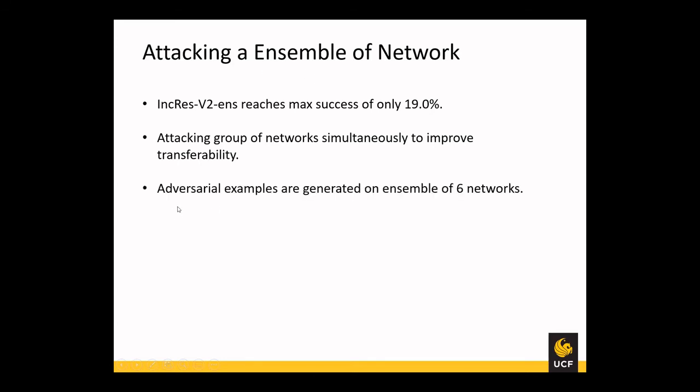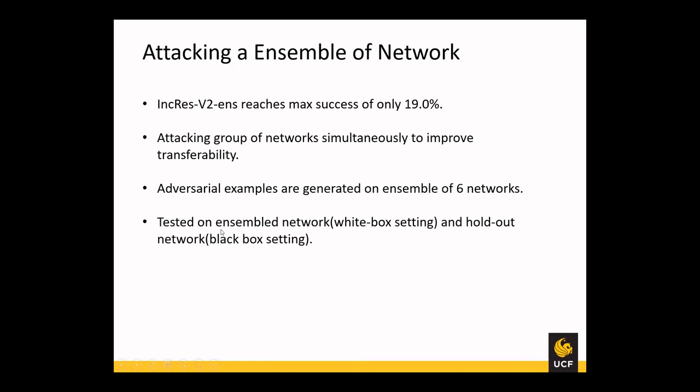And in this case, they generate adversarial examples by attacking an ensemble of 6 networks, and they tested on the ensembled network in both the different setups, like the white box setting and the black box setting. So in the table, wherever you see an ensembled network, that means it's a white box setting.